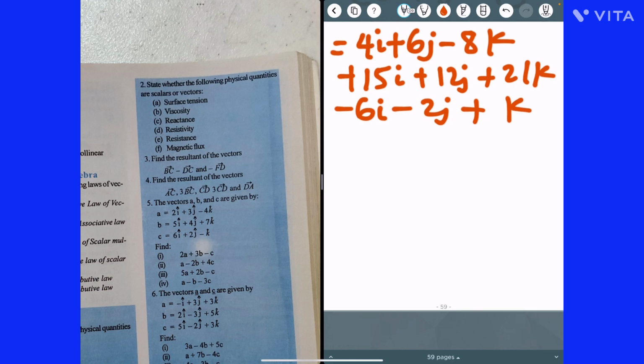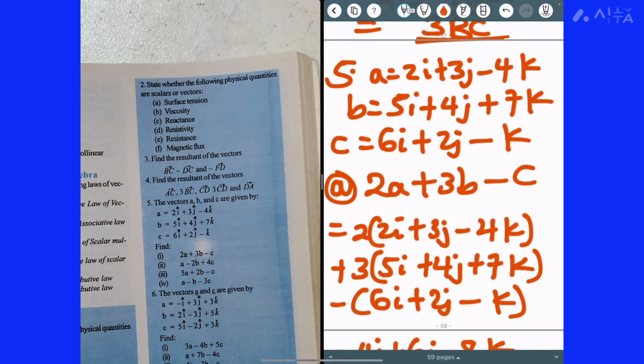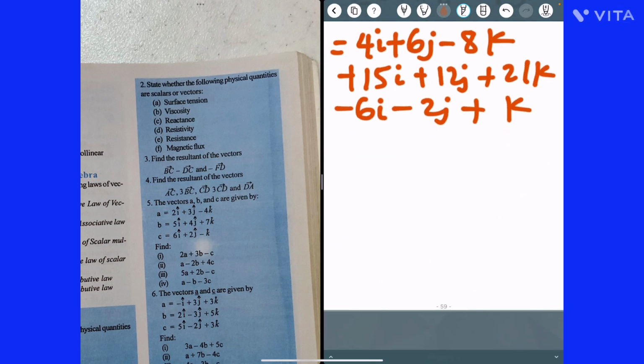So what I just did here is to multiply each of these by the constant outside. 2 times 2I, 4I, 6J, minus 8K. 3 times 5I, 15I. 3 times 4J, that's what? 12J. 3 times 7K, 21K. This will turn to minus 6I minus 2J plus K. So I have that now, and I'm going to put all similar terms together. 4 plus 15, 19 plus 6, 25.